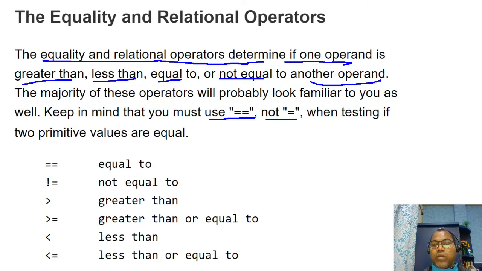Be careful: this is the equality operator, you can check whether two operands are the same or not, and this is the assignment operator. Sometimes we confuse it with comparing two objects. When we are testing primitives, this equal operator checks the value. This is not equal to, this is greater than, greater than or equal to, and less than or equal to.